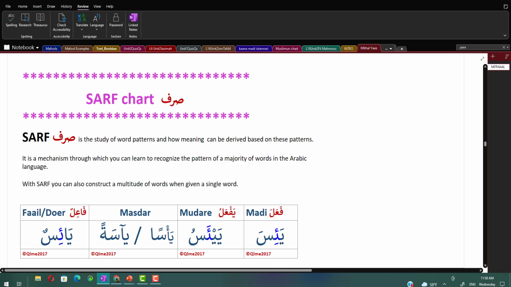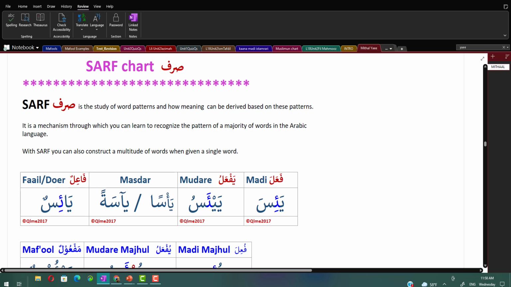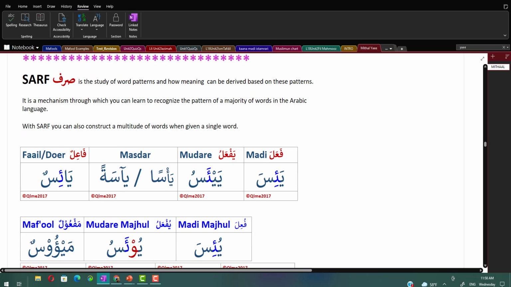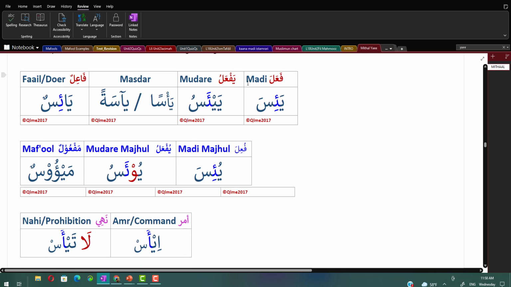Now, about the sarf. Sarf is the study of word patterns and how meaning can be derived based on these patterns. And it's a mechanism through which you can learn to recognize the pattern of majority of words in the Arabic language, and you can also construct a multitude of words when given a single word. So here I've taken Madi, Mudari, Masdar, Fa'ilun, then we have Madi Majhul, Mudari Majhul, and then we have Maf'ul, and then we have Fi'l Amr, and then we have Nahi.